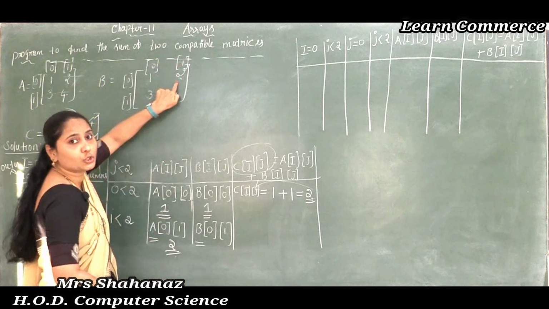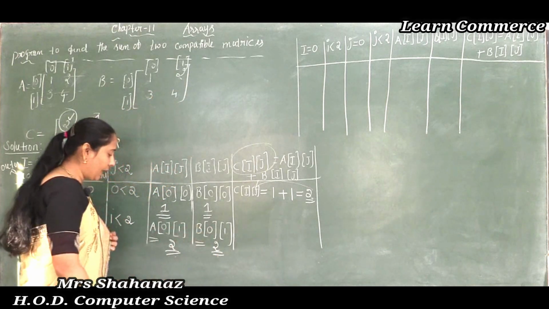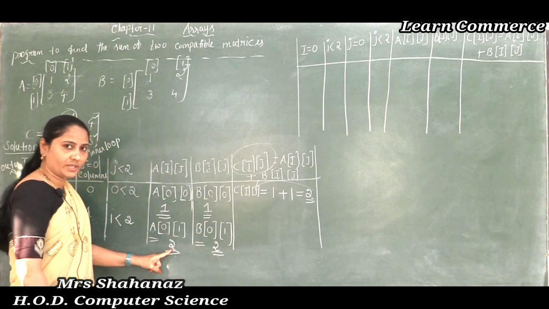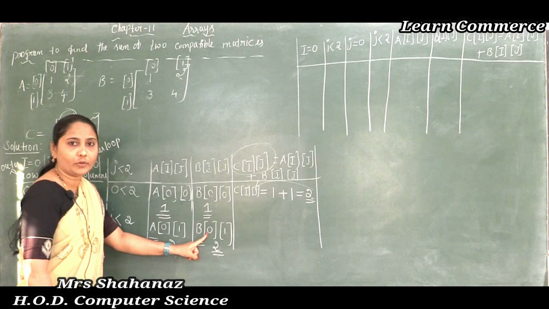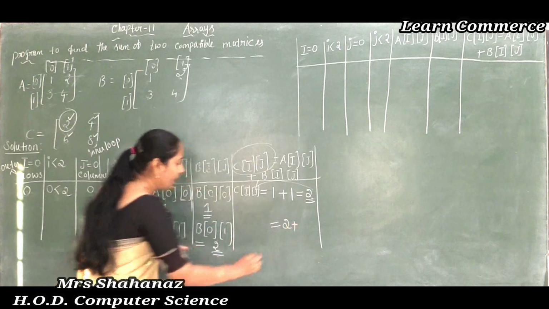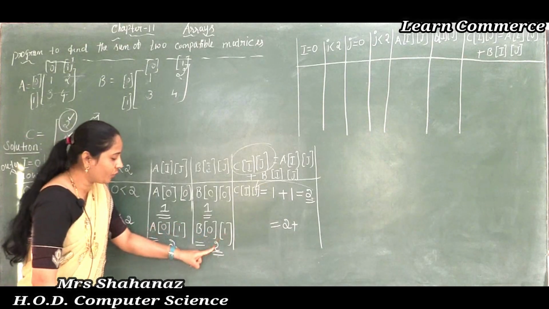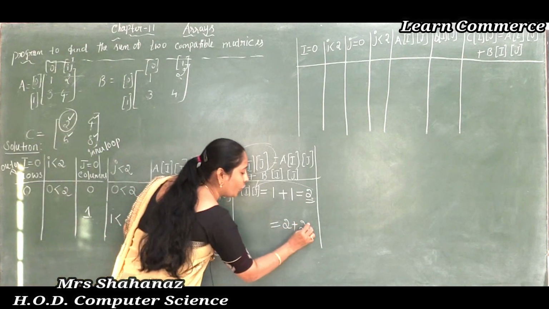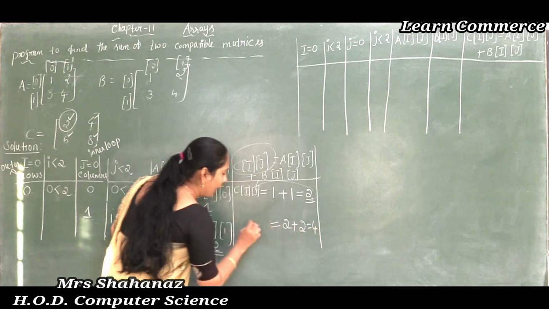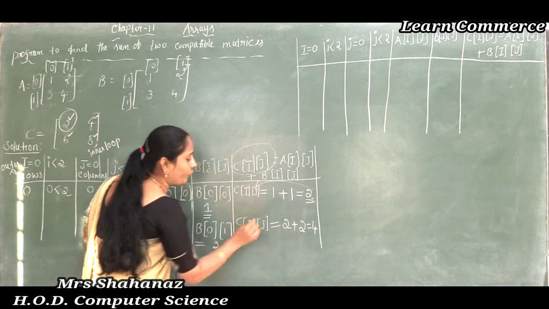The value is 2, okay? As we know, A of 0 1 is 2 and B of 0 1 is 2. Next I am going to add A of 0 1, that is 2, and B of 0 1, that is 2. That means 2 plus 2, the answer is 4, and this value is going to be added into the matrix C of i j.